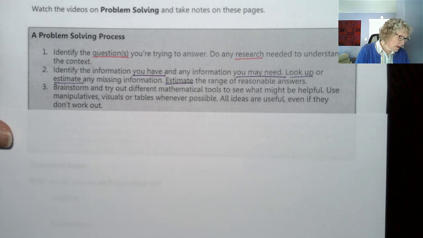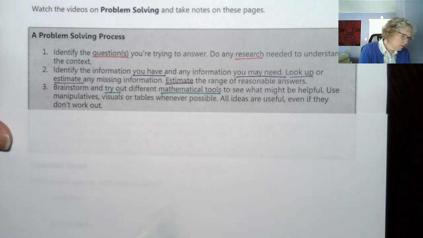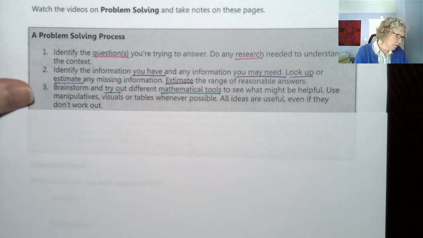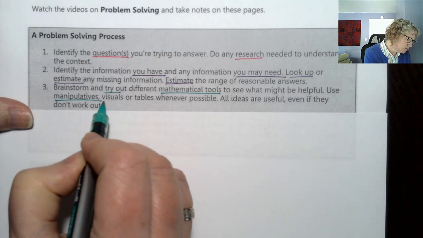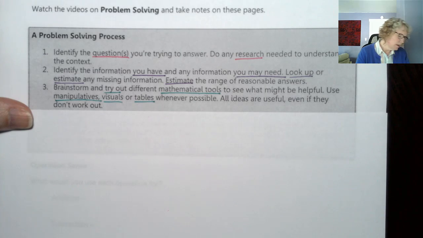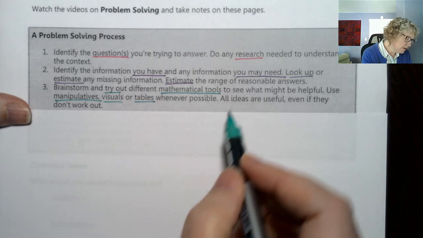Okay, a third step is to brainstorm and try out different mathematical tools. So try out different processes to see what might be helpful. Often great tools are manipulatives, visuals, or tables. Use those whenever possible. All ideas are useful even if they don't work out.